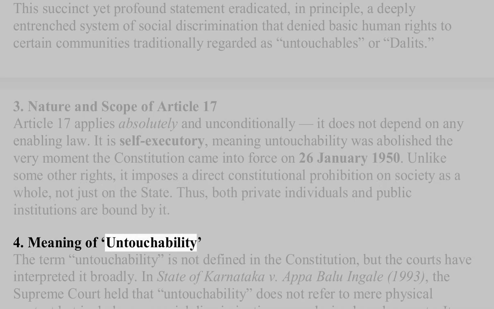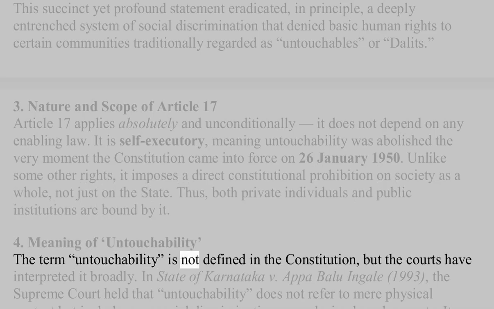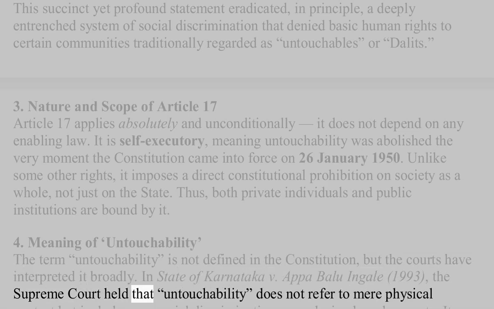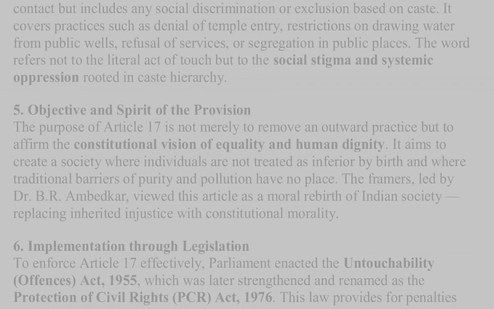4. Meaning of untouchability. The term untouchability is not defined in the Constitution, but the courts have interpreted it broadly. In State of Karnataka v. Appabalu Ingale, 1993, the Supreme Court held that untouchability does not refer to mere physical contact but includes any social discrimination or exclusion based on caste.